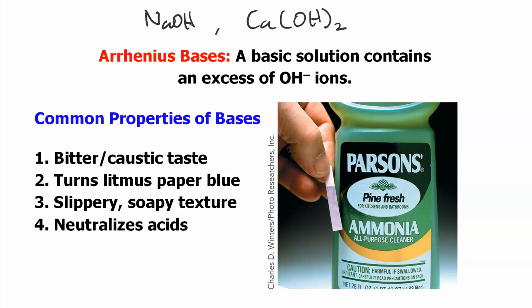These are bases. You put them in water and they dissociate into a metal cation and hydroxide anions. Ammonia is another example of a base. It has the chemical formula NH3. And it actually reacts with water to make a hydroxide ion. We can talk about that.